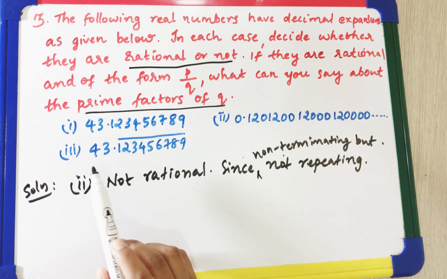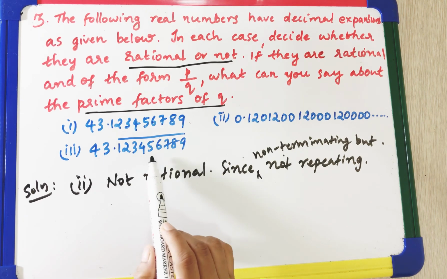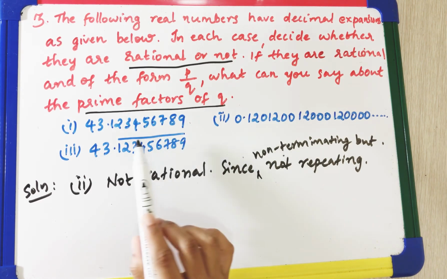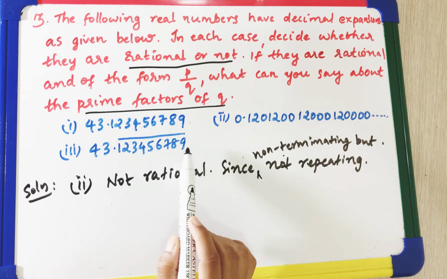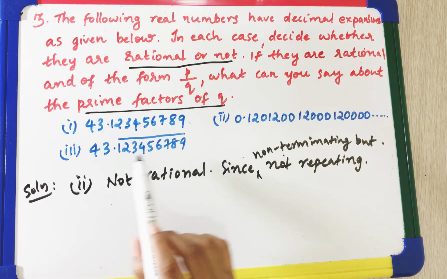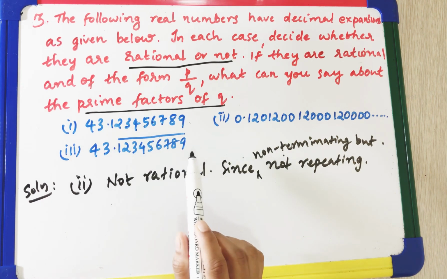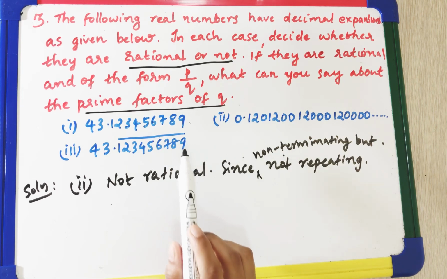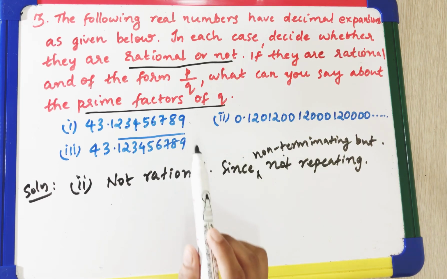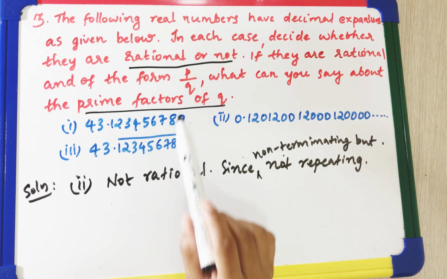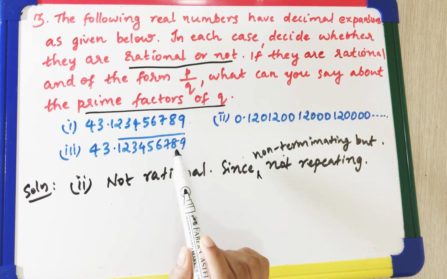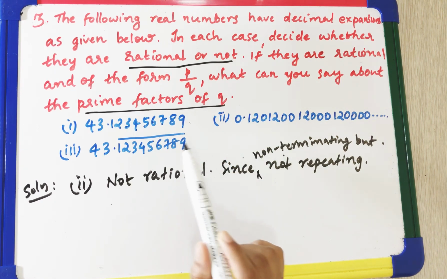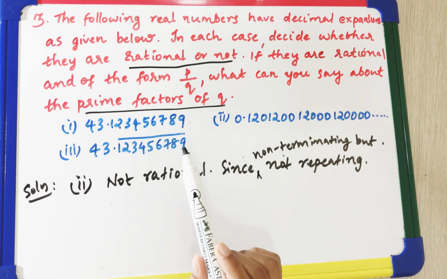See the next one, 43.123456789, with 1 2 3 4 5 6 7 8 9 repeating. So this is non-terminating repeating. So we can say that it is a rational number, and a rational number of the form p by q with the prime factors of q containing factors other than 2 and 5.